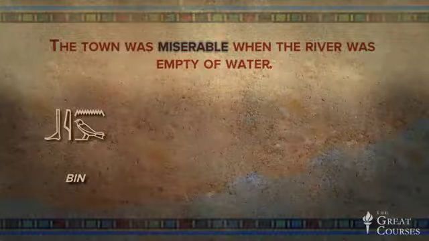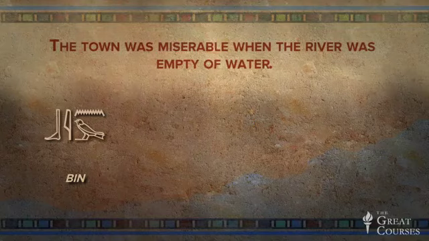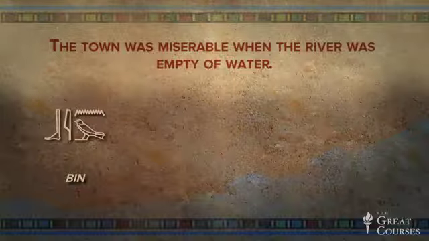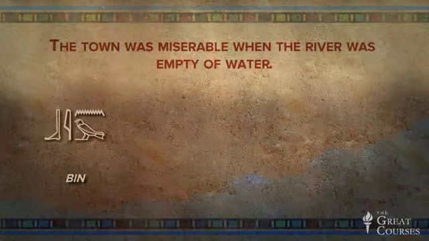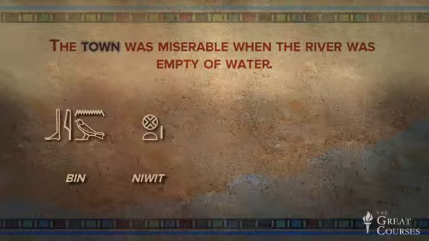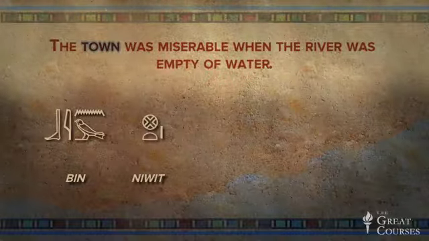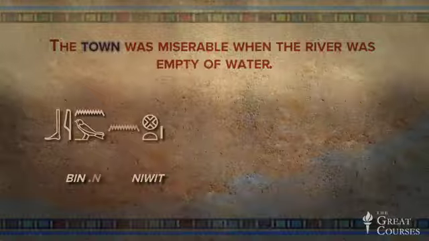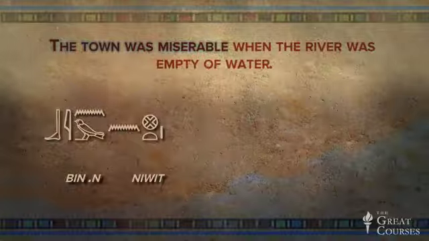So we have miserable. Since it's at the beginning of the sentence, we can tell it's a predicate adjective, which functions like a verb. We know the hieroglyph for town, it's the crossroads. That's the town is miserable. We just need to insert the N for the past tense. So that's the town was miserable.